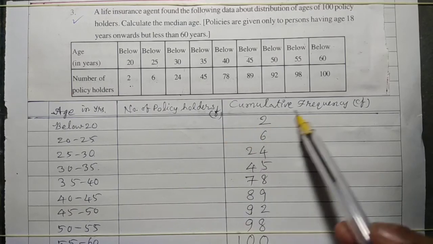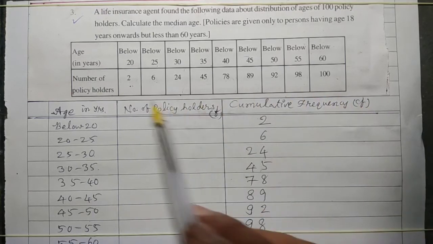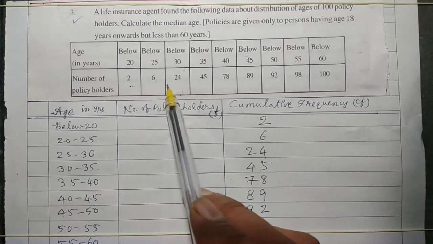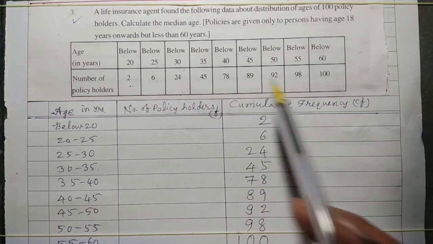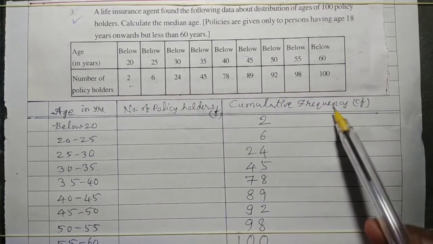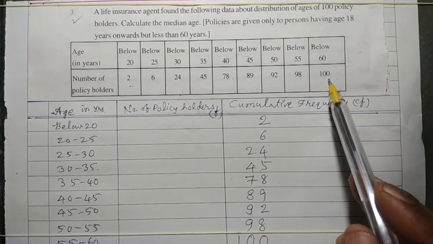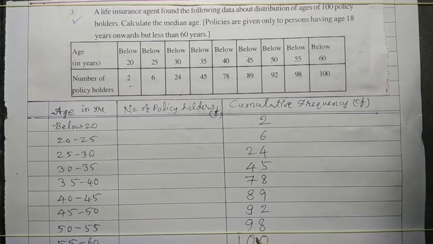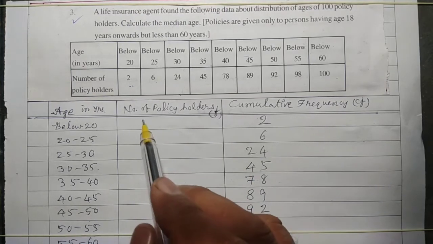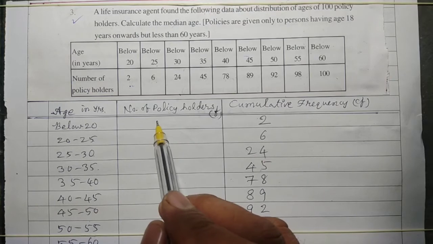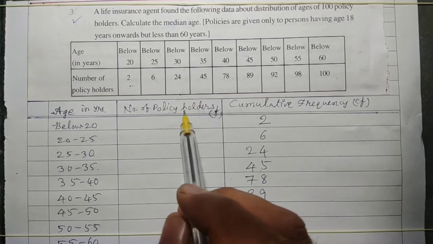This row is the cumulative frequency, which is given. Total 100 policy holders, that means n is equal to sigma fi is equal to 100. Basing this, we have to complete the number of policy holders.